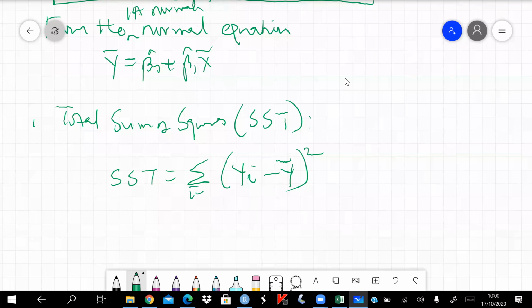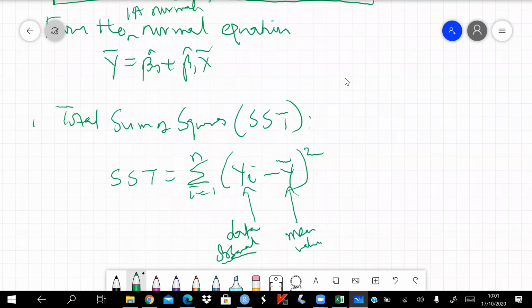Of course, we are summing from i equals 1, for all the individuals in the sample. So the total sum of squares is given by this. This is the original data, or observed data, and this is the mean value.